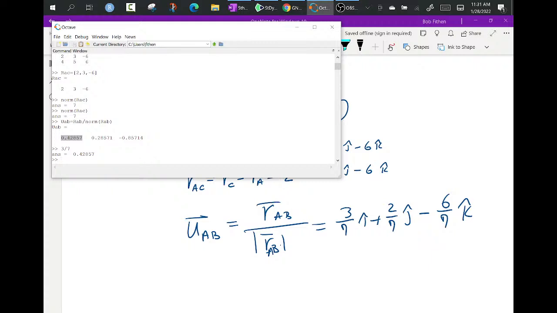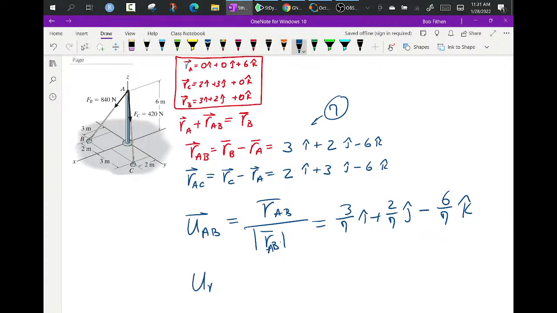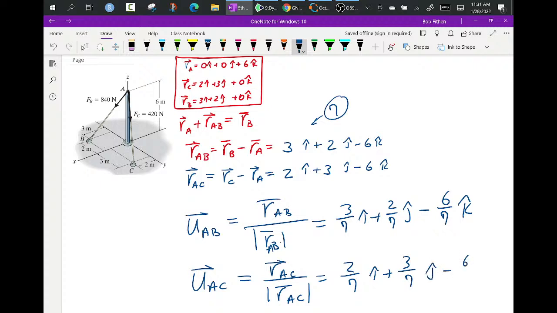And then it's not too surprising that here, UAC is going to be equal to the vector AC divided by its own length, which happens to be 7 as well. It's 2 over 7 I plus 3 over 7 J and minus 6 over 7 K. That's because I just take that vector, copy it right here, divide it all by 7. I did the same thing here.